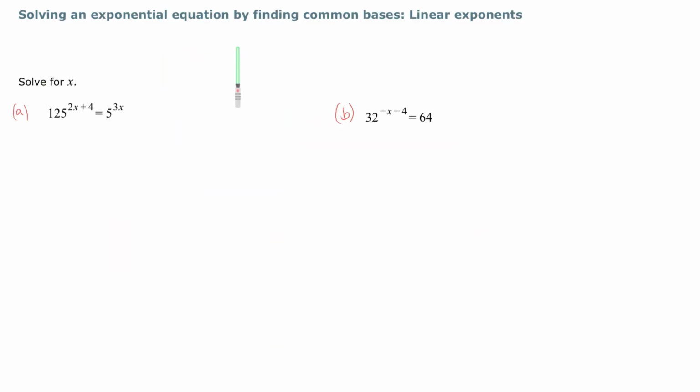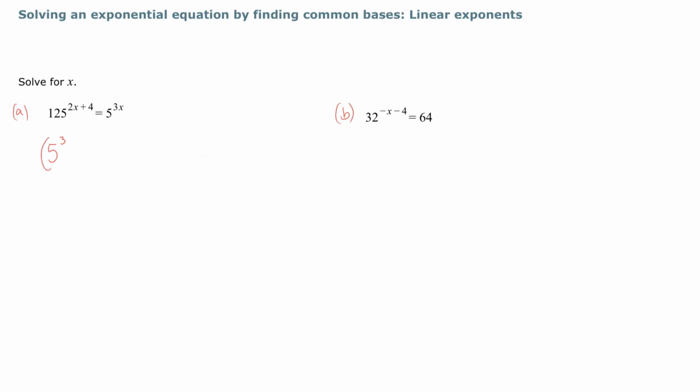Solving an exponential equation by finding common bases. Now let's give this a try. Whoa, 125, that's a popular number. How can we rewrite 125? Well, there's a big hint here. There's a 5 there. So, knowing your numbers, you know that 125 is simply 5 to the third power.